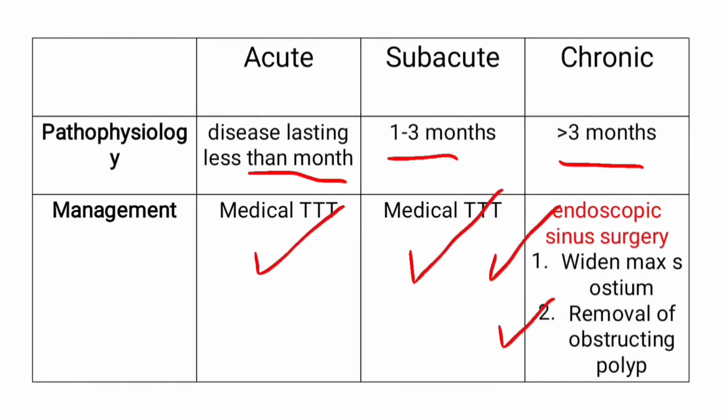Moreover, why do we widen the ostium of the maxillary sinus, why do we relieve the obstruction of the sinus, why should we allow aeration or entrance of air to the sinus? Because blocking of the sinus drainage results in conversion of the aerobic bacteria within the sinus into anaerobic bacteria, which is more severe and aggressive, which requires more aggressive treatment.